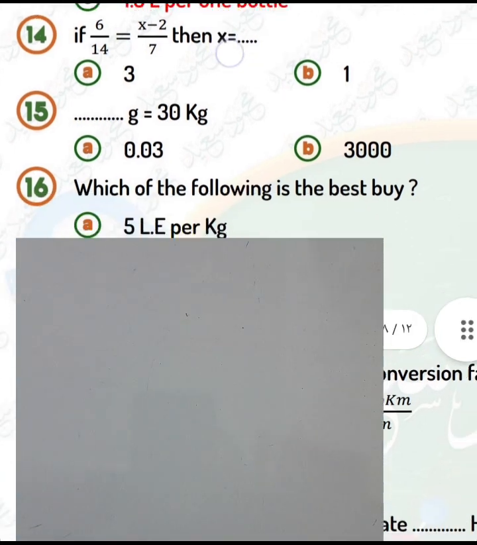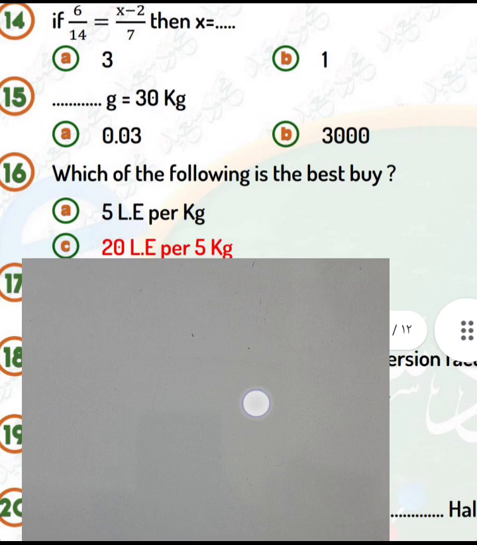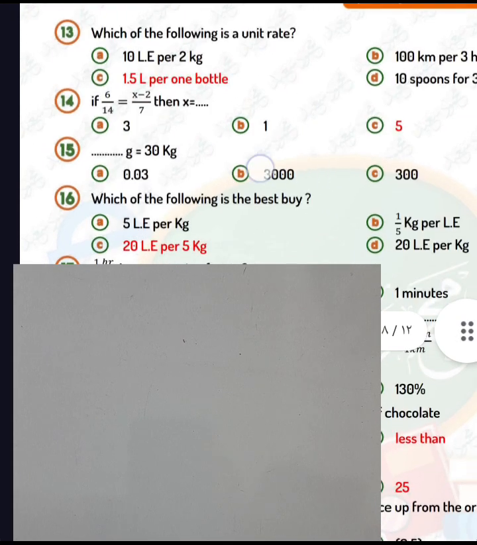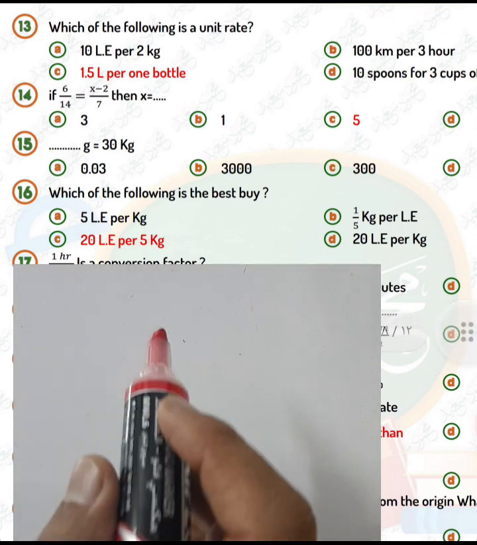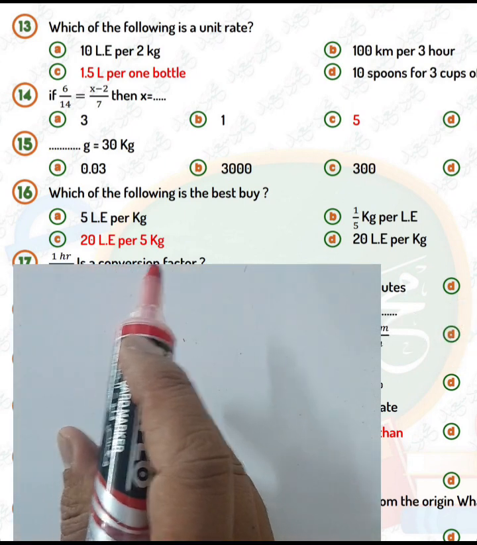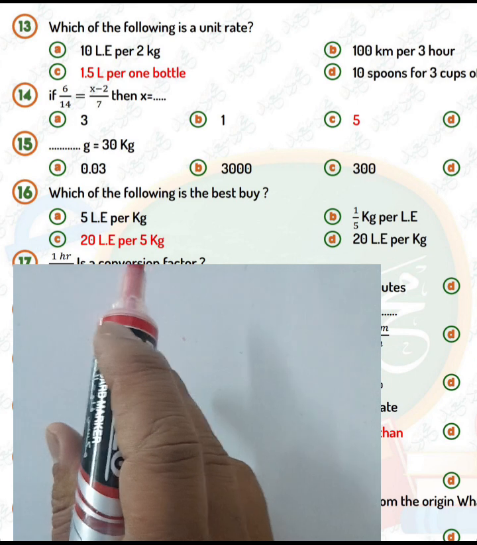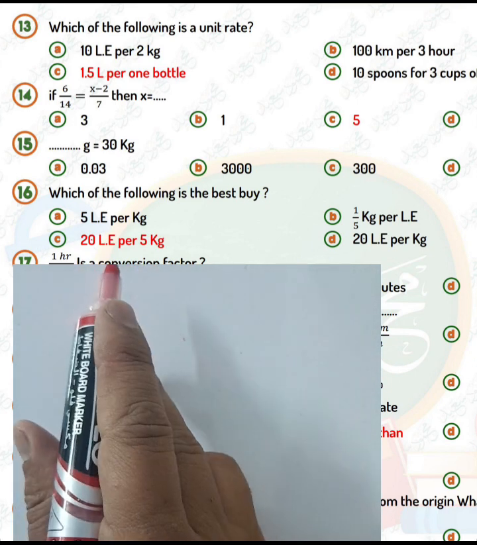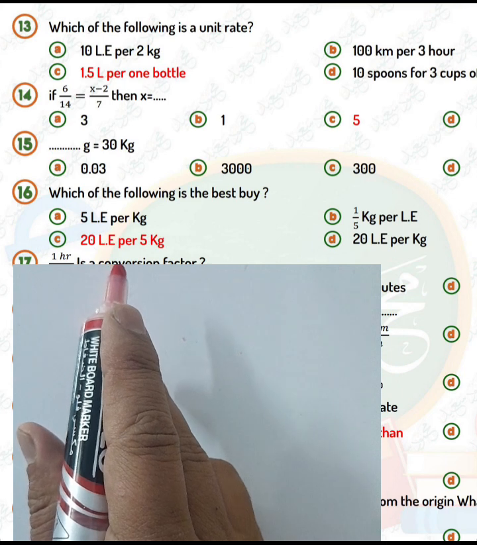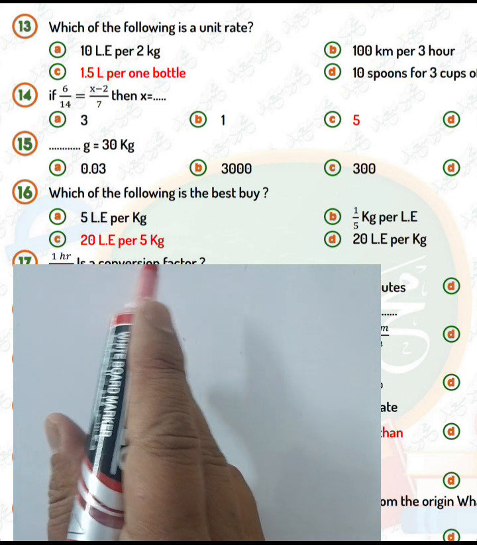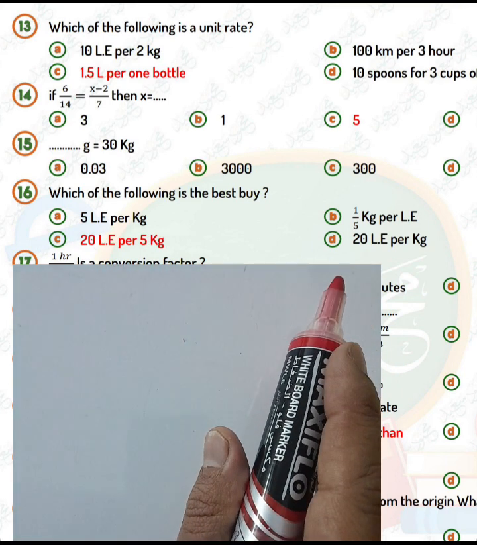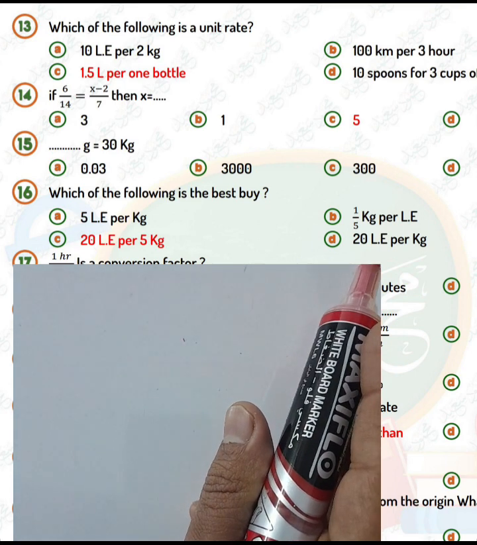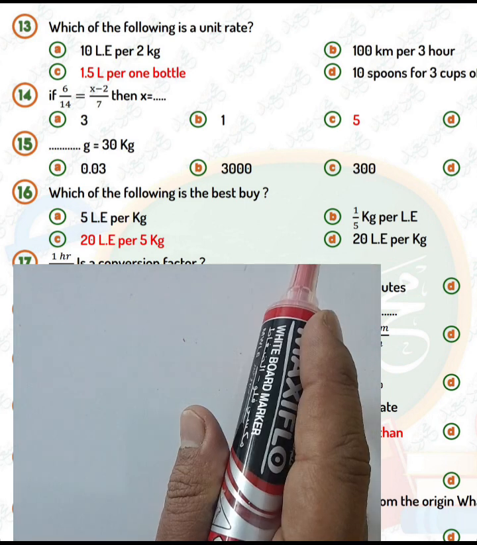Question 16. Which of the following is the best buy? We have 5 lira per 1 kilogram, or 20 lira per 5 kilogram. 20 divided by 5 equals 4, so 4 lira for each 1 kilogram. We have here 4 lira per 1 kilogram, and here 20 per 1 kilogram, and here 5 kilogram per 1 lira, which means 5 lira per 1 kilogram.